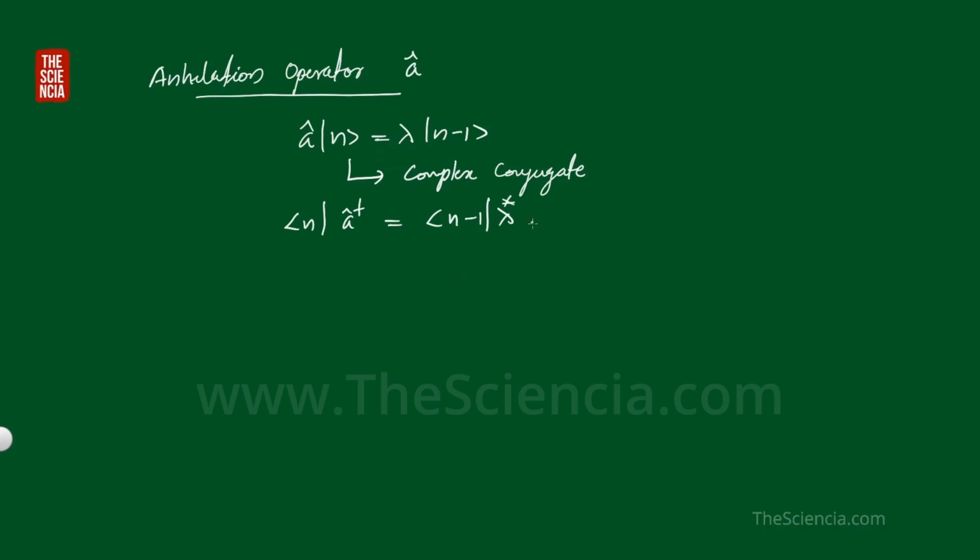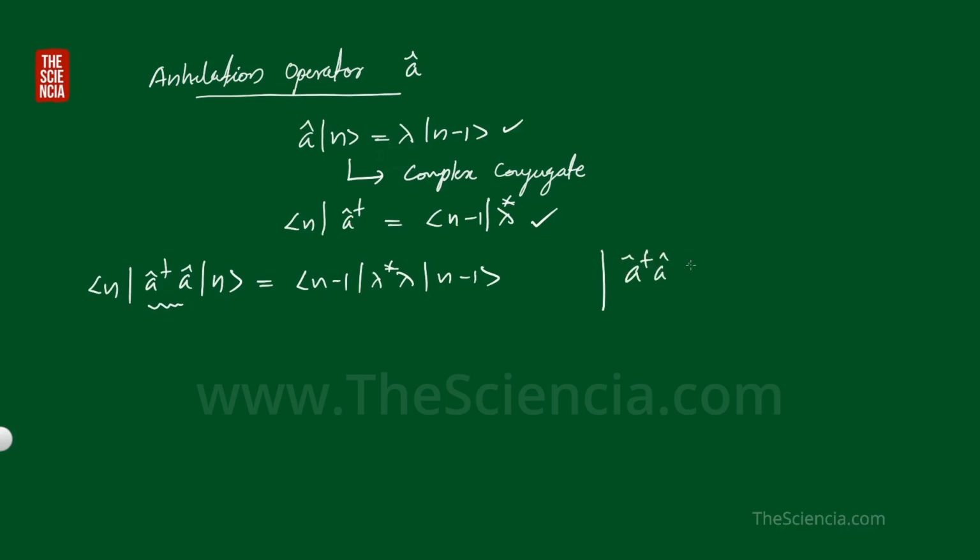Now I am going to multiply this term by this one, that is bra n a dagger a ket n is equal to bra n minus 1 lambda star lambda ket n minus 1. Here this one, a dagger a, is equal to H by h cross omega minus half.